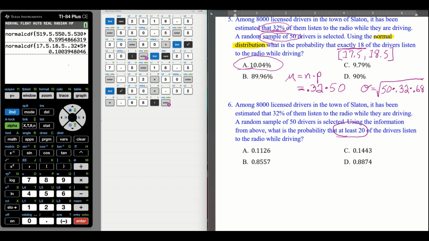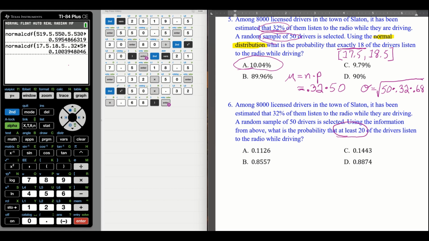Well, what we do is we use our -1E99 as our beginning bound, our lower bound, but our upper bound is, it says at, oh no, I am so wrong. At least, not at most. Oh, so we need to go the other direction.